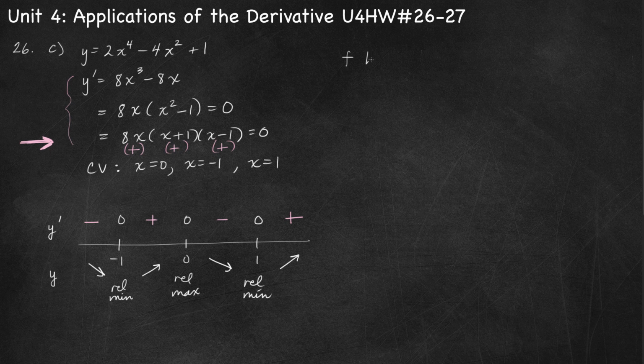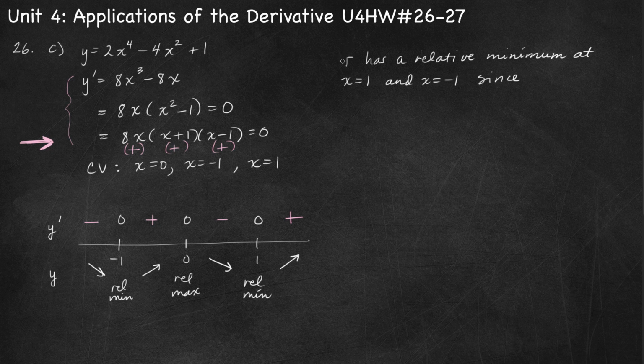Okay, so f has a relative minimum at x equals 1 and x equals negative 1 since, I called it f again.